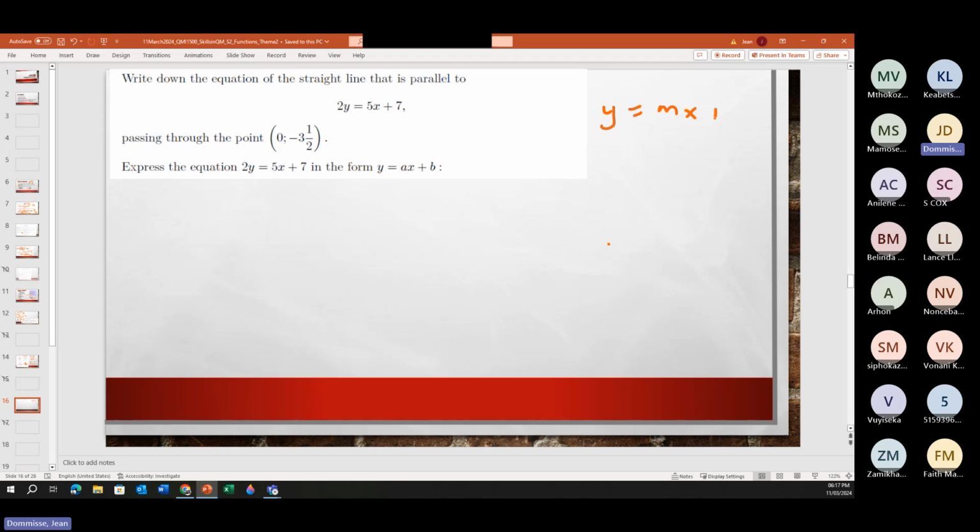mx plus c. In some areas, you will get that they call it y is ax plus b. So if you Google straight lines, that might be the one formula, but it might also be y is equal to ax plus b.